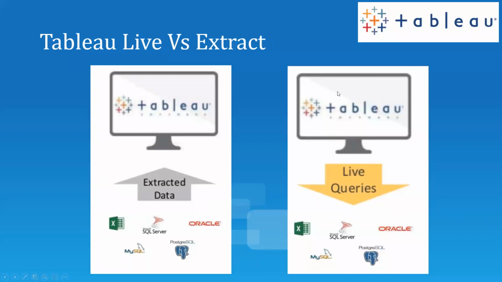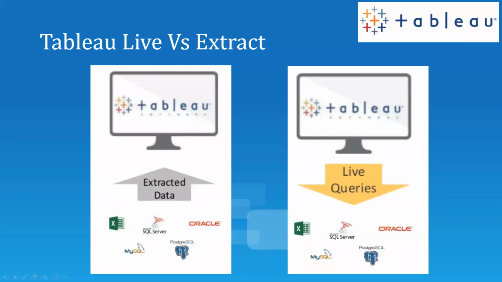So assume there is a dashboard here, and when we are getting data, each and every live query goes to the data source, and we are getting the results into Tableau.